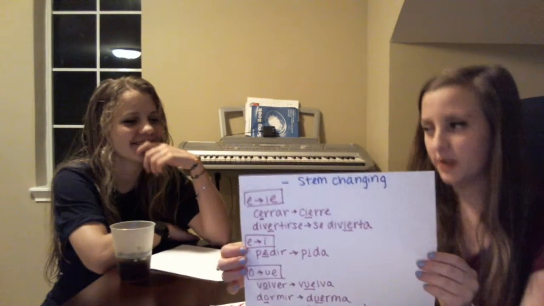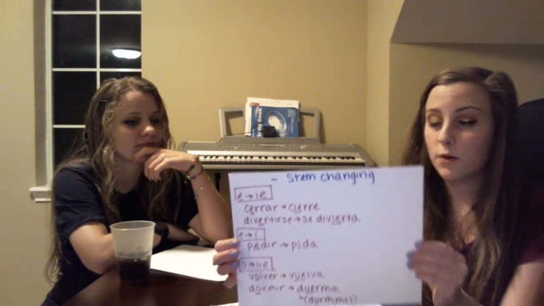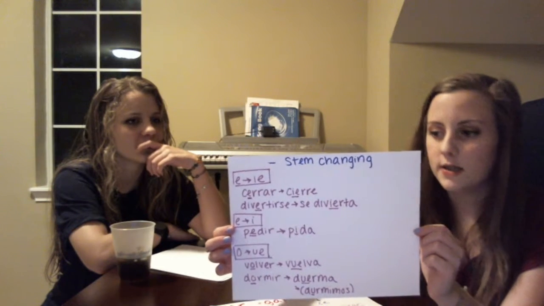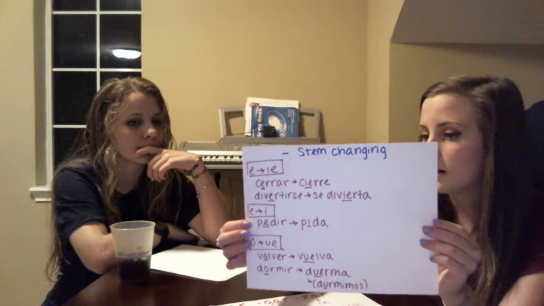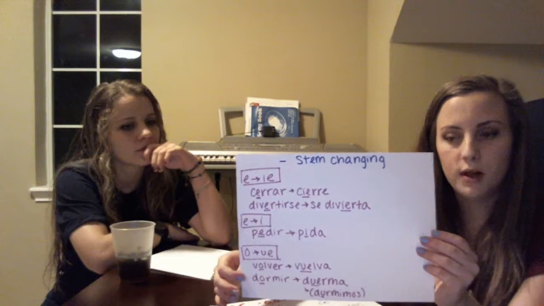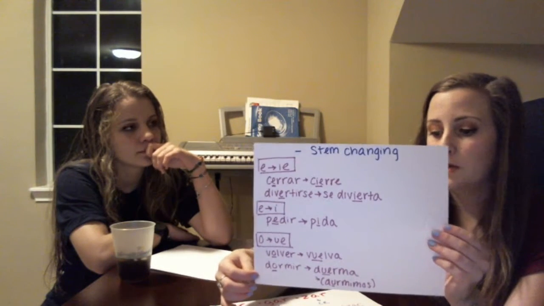So, cerrar, which is to close, would be cierra in the present tense, but because it's AR, it's going to be cierre in the subjunctive. Same with divertirse would be se divierta, and then E to I, which is pedir, would be pida, and then O to UE, we have volver, vuelva, and then dormir, duerma, and then dormimos, which would be O to U because it's nosotros.